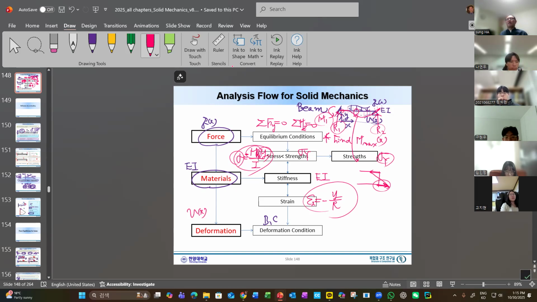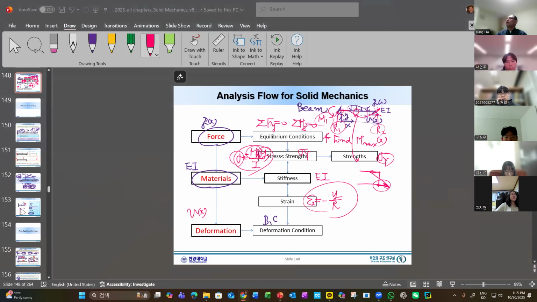So any beam, the bridges or any structure in automotive or any structures of UAV, eVTOL, or airplane.